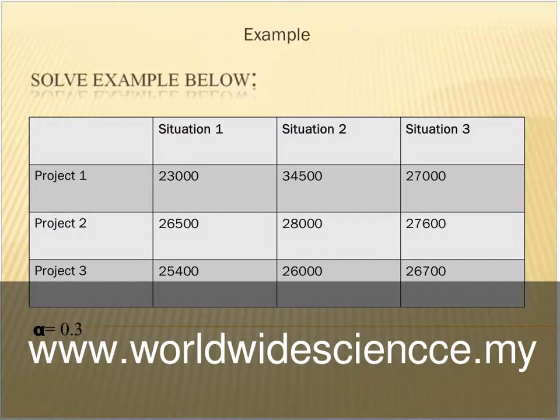The alpha is 0.2 because the sum of the alphas should be equal to 1.